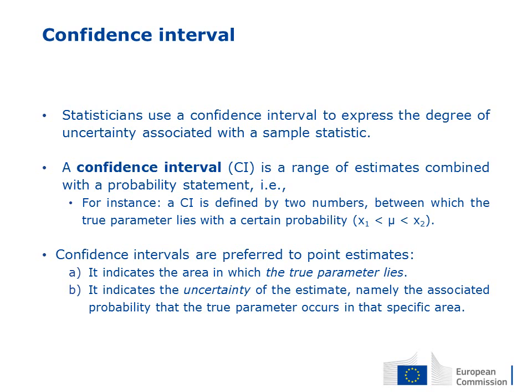Confidence intervals are preferred to point estimates because only confidence intervals indicate a. the area in which the true parameter we want to estimate lies, and b. the uncertainty of the estimate, namely the associated probability that the true parameter occurs in that specific area.